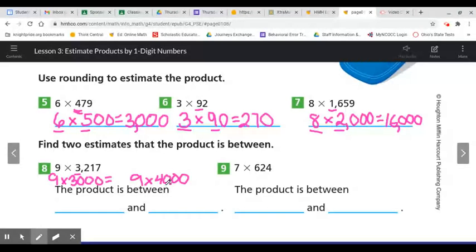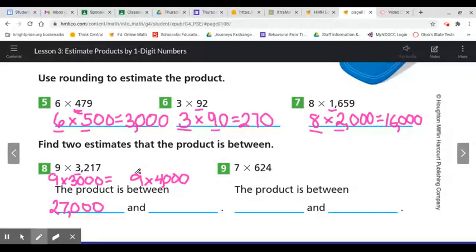We're giving ourselves a range where the exact product is going to fall in between. So if I start here, 9 times 3 for my basic fact is 27. And then there are 3 zeros in 3,000. So I put 3 zeros in my product.